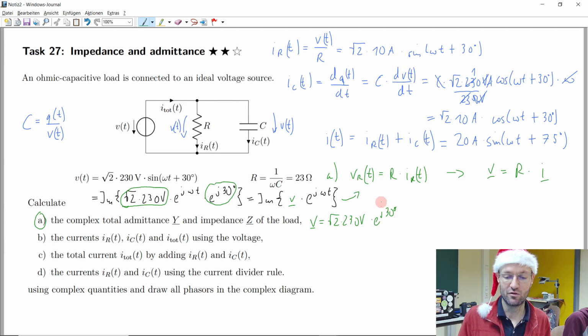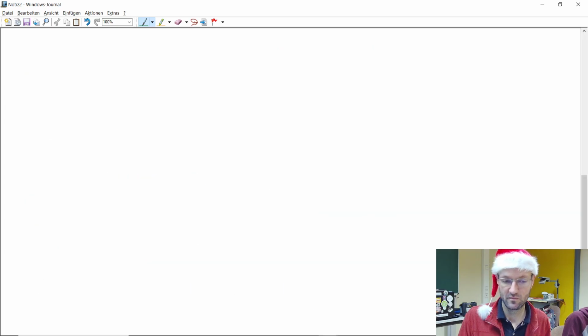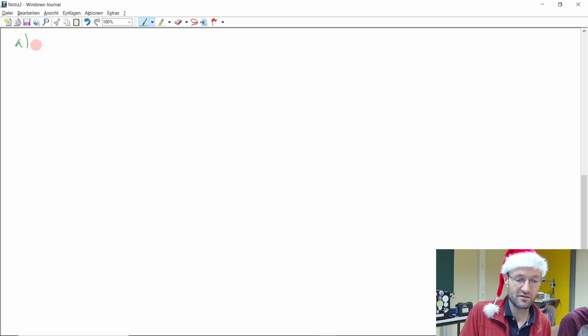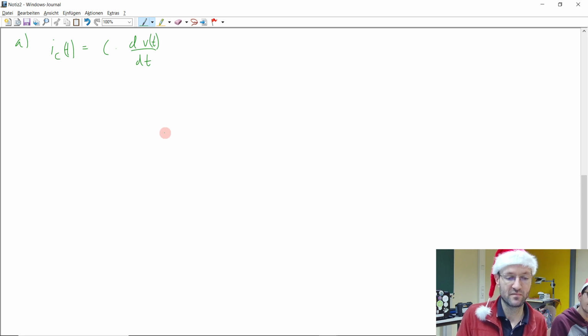Okay, so maybe where it's more interesting is to check what happens for the capacitor. And so I think for this I need a new page. So we are still at task A. So for the capacitor, we said that the current through the capacitor is C times the time derivative of the voltage drop.